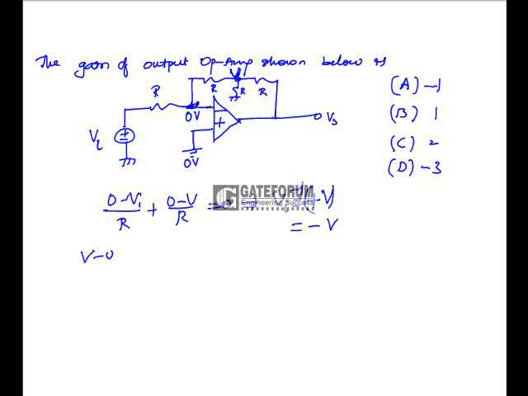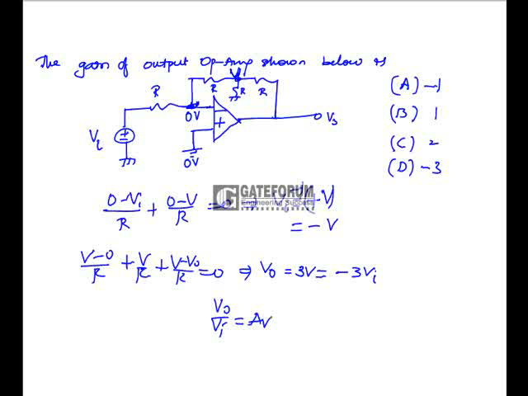V minus 0 by R plus V by R plus V minus V0 by R is equal to 0. From this, V0 is equal to 3 times V. V is equal to minus Vi, so V0 is minus 3 times Vi. So the gain V0 by Vi is equal to minus 3. So option D is the correct answer.